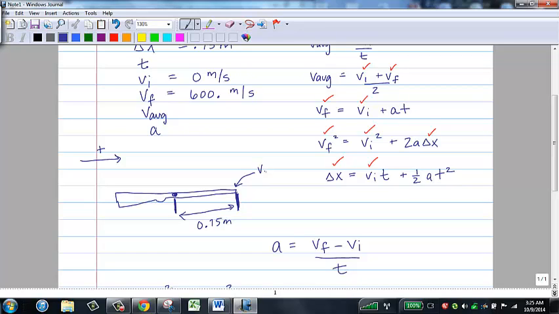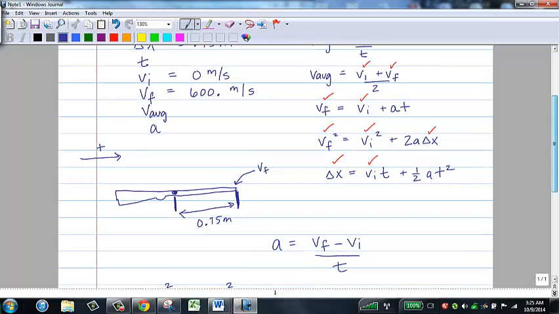You can figure out that the final velocity is the velocity as the bullet leaves the gun. That's how we know that the 600 is the final velocity and not the average velocity. It's often helpful to draw a little picture to accompany your problem to kind of piece together the meaning that all of those values have.